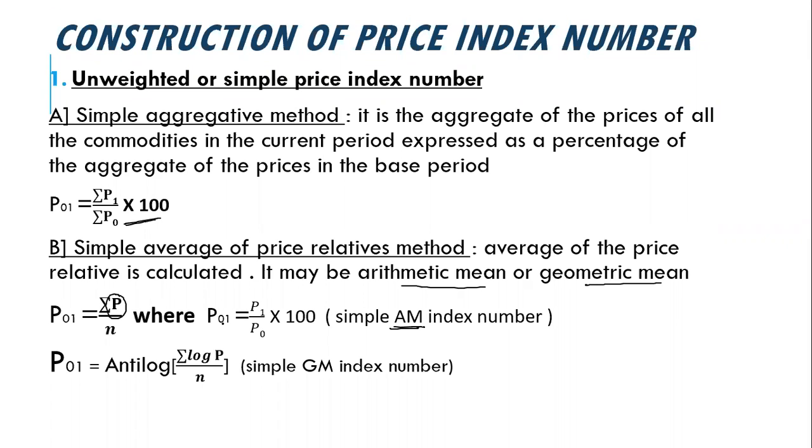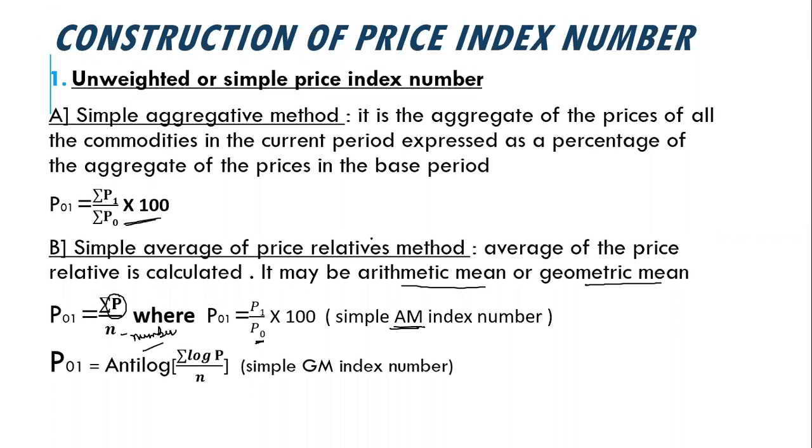It is P01, that is equal to price of the current year divided by price of the base year into 100. So now each product is calculated separately, divided by N. Now when you say N, it is nothing but number of the items or commodities given in the problem. Consider 5 items are given, so you should write divided by 5.